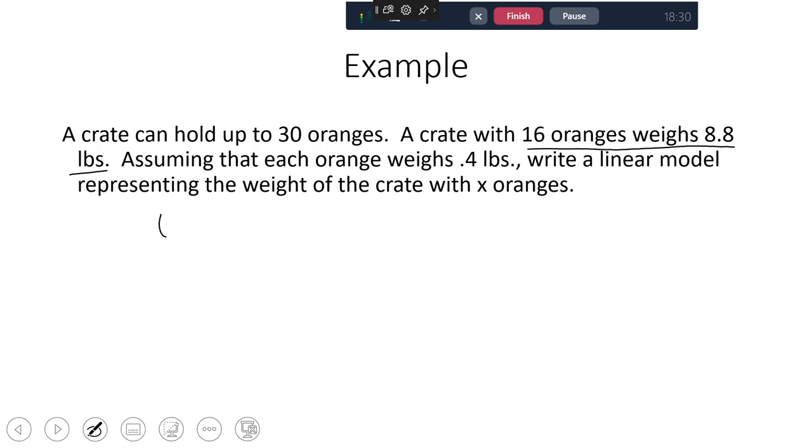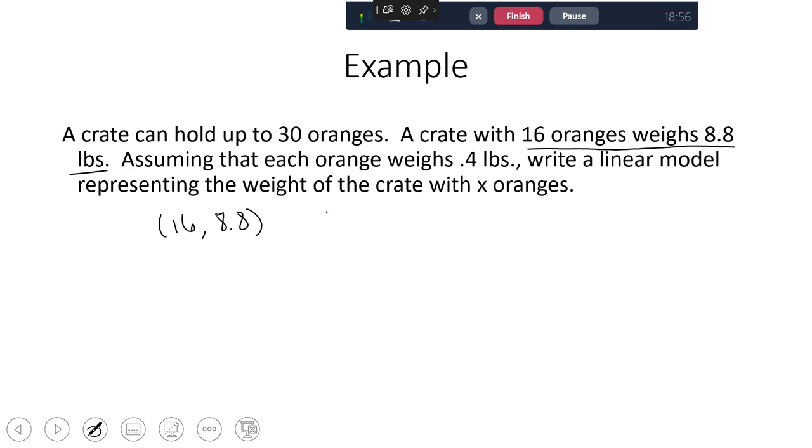It says that our oranges is 16, and then it weighs 8.8. I know that my 8.8 is going to be the y because it depends on the x, how many oranges there are. Okay? And then it's assuming that each orange weighs 0.4 pounds.